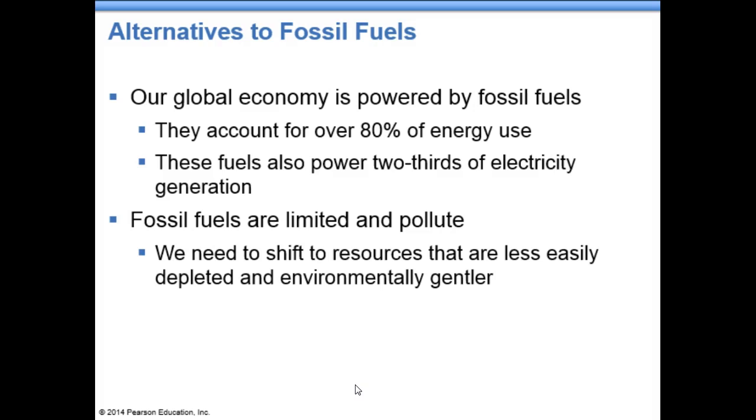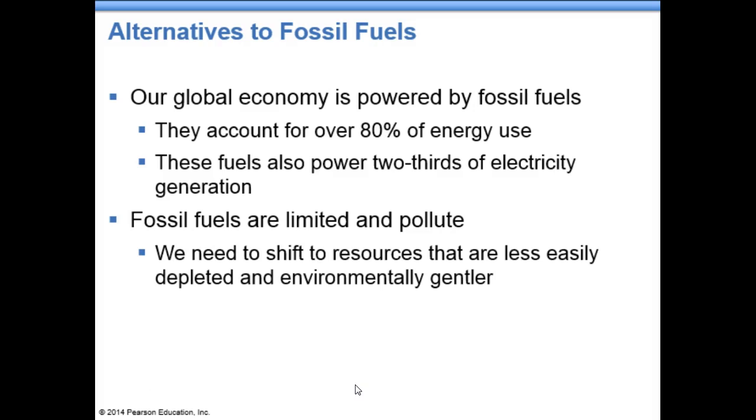So most energy experts accept that we will need to shift from fossil fuels to energy sources that are less easily depleted, gentler on our health and on our environment.